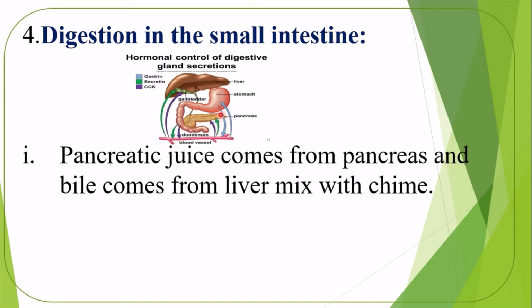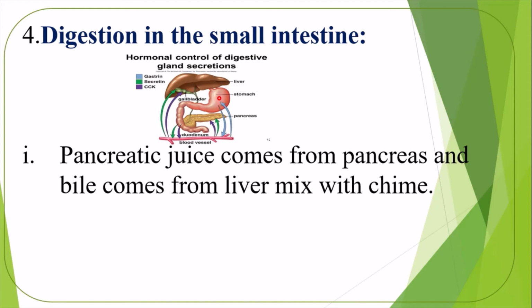Pancreatic juice comes from the pancreas by the pancreatic duct and opens into our duodenum. On the other hand, bile comes from the liver by the common bile duct and opens into our duodenum also. Chyme comes from the stomach.